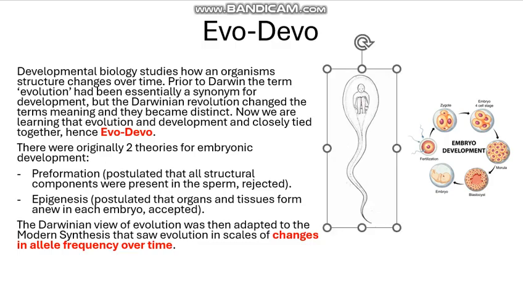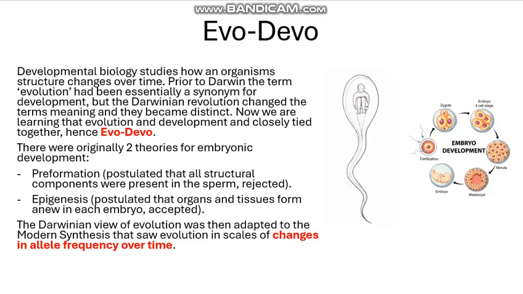They thought that at the acrosome head of the spermatozoa you had a pretty decently formed human with all their structural components, and then they fertilized the egg that gave them the resources they need to grow. We now know that's not true.